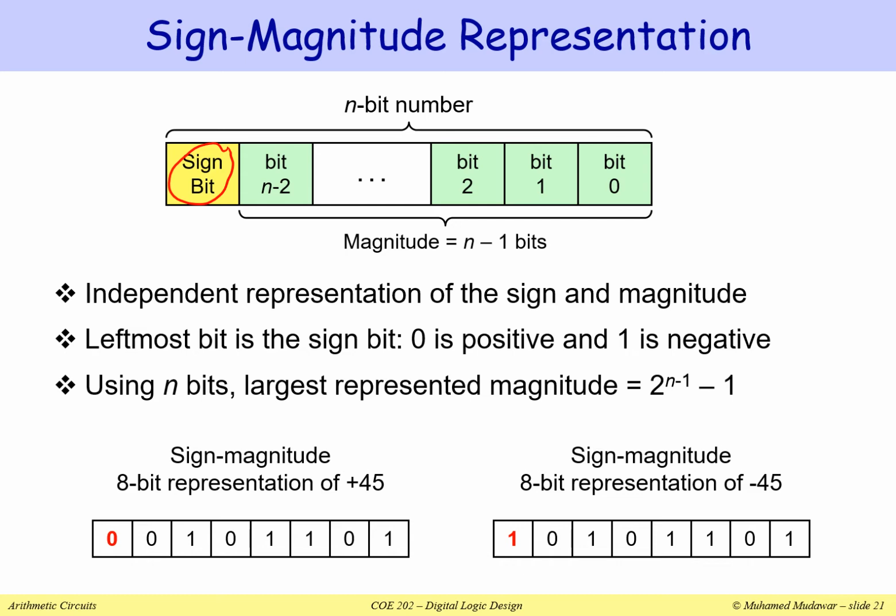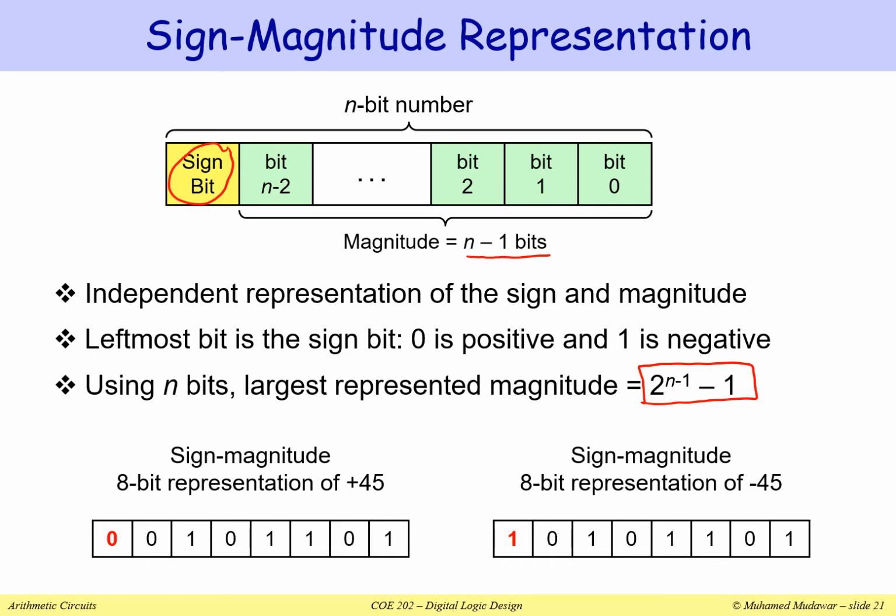If we use n-1 bits to represent the magnitude, then the largest magnitude will be 2 to the power n minus 1, minus 1. Very simple. You can have 2 to the power n minus 1 magnitudes starting at 0, and the largest magnitude will be 2 to the power n minus 1, minus 1, because we are using n minus 1 bits to represent the magnitude.